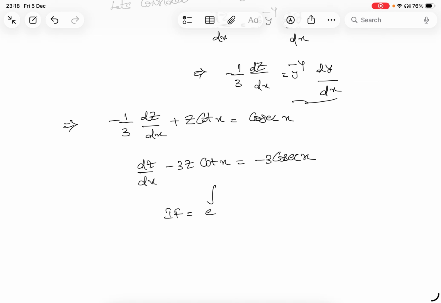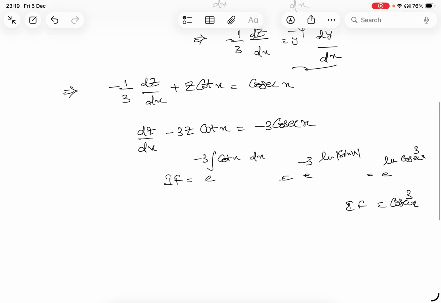Here the p of x is minus 3 cot x dx, which is e power minus 3 of ln of sin x. Fine. You can see that if you differentiate ln of sin x, it will be 1 by sin x into cos x, which is cot x. This is e power ln of, this becomes cosecant cube x, right? Finally this becomes cosecant cube x.